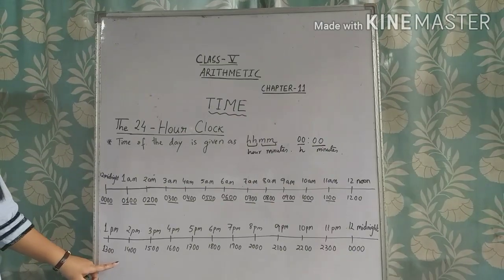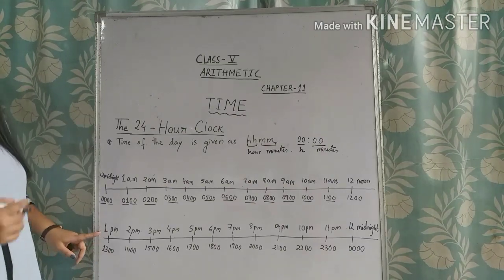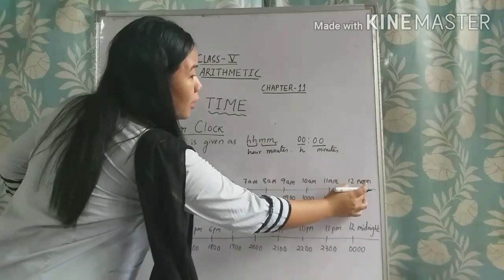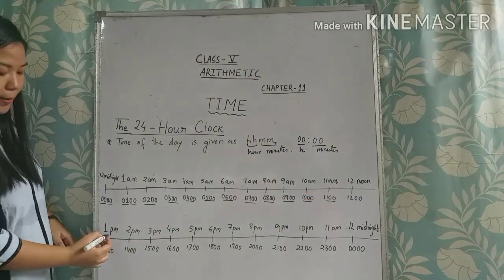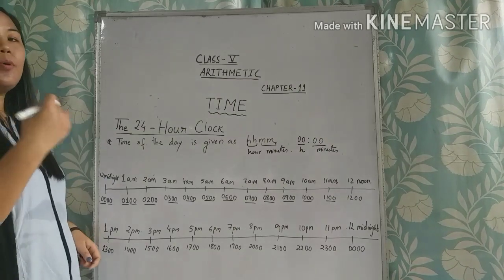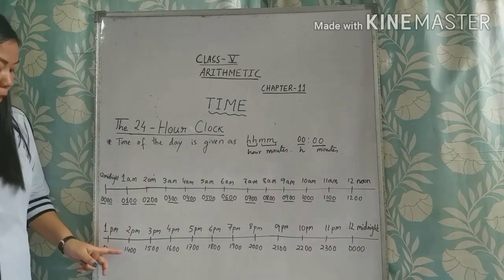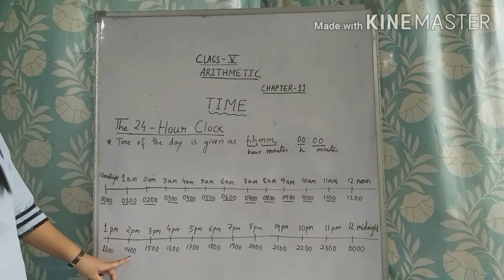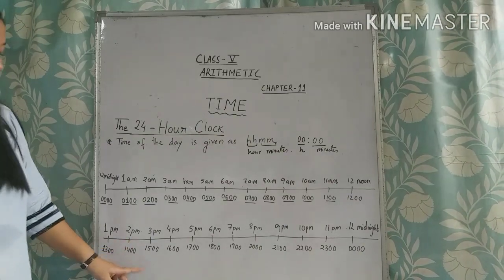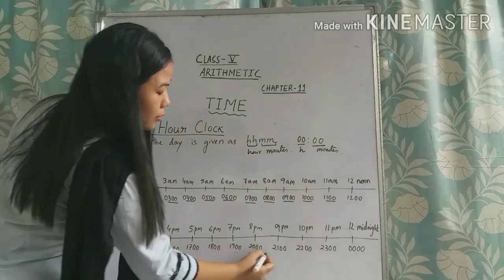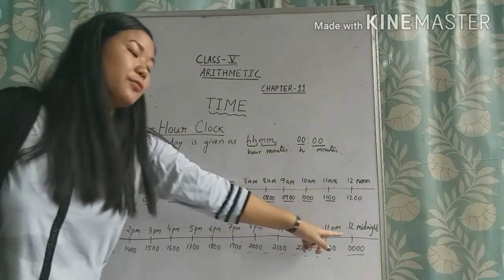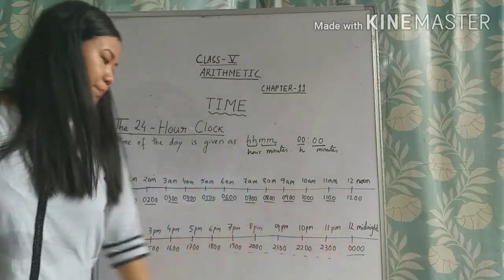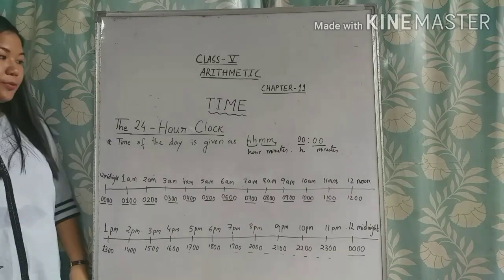So 1300 hours means 1 p.m. because it is after noon. We will not write a.m. anymore. We will write p.m. because it is post meridian. Now next 1400 hours, 2 p.m., and it will go on till we reach 12 midnight. Okay? Clear? The 24-hour clock.